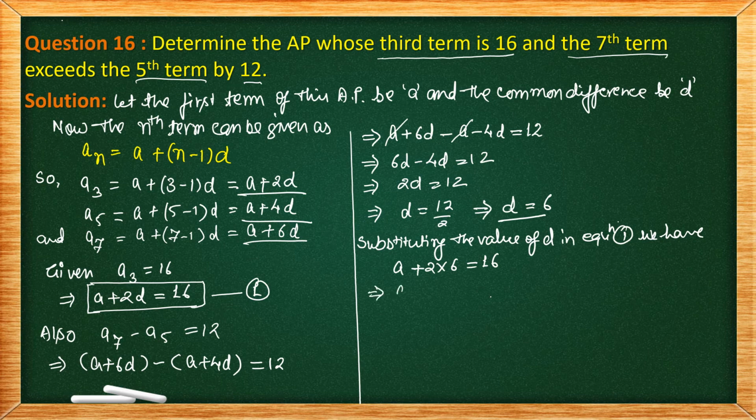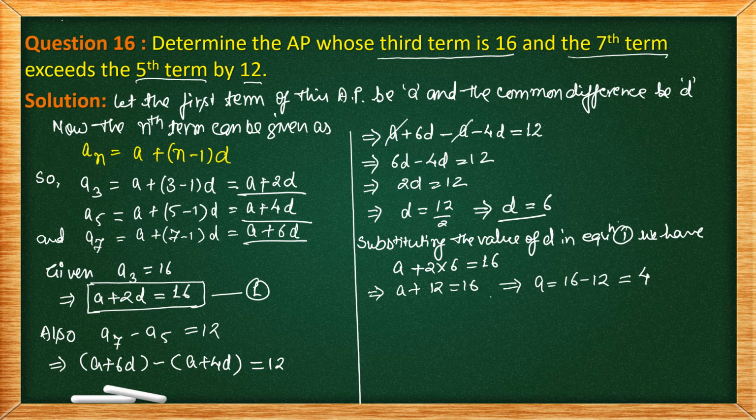Implies that a plus 12 is equal to 16, and this implies that a is equal to 16 minus 12, that is equal to 4.